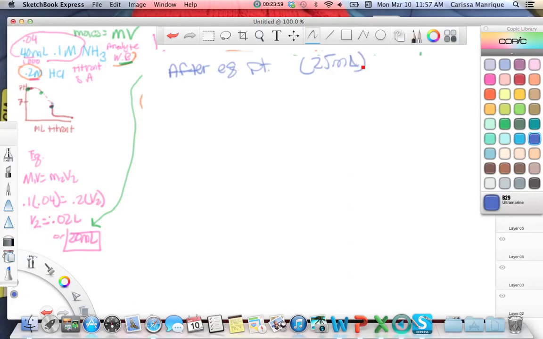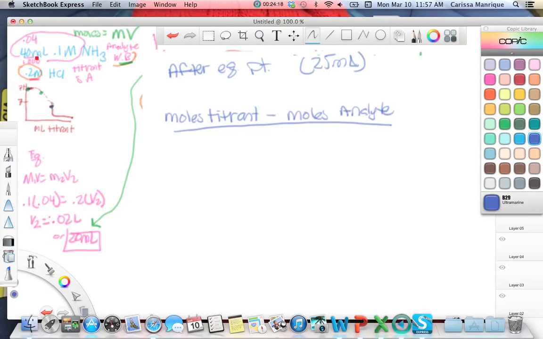Here's the formula: you're going to do moles of your titrant minus moles of analyte, divided by all of our volumes.